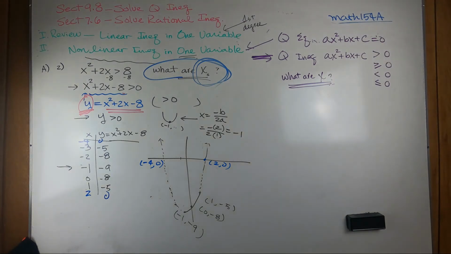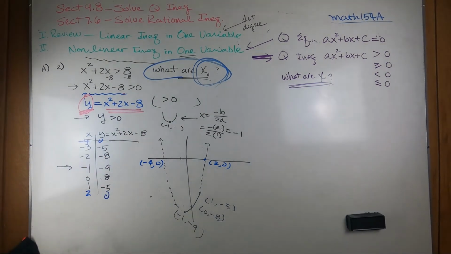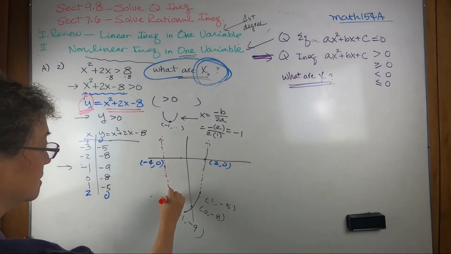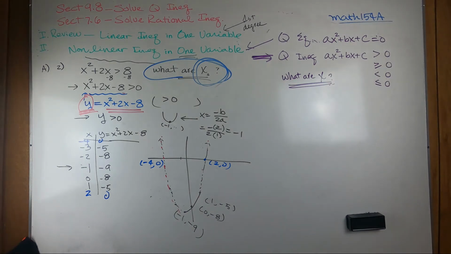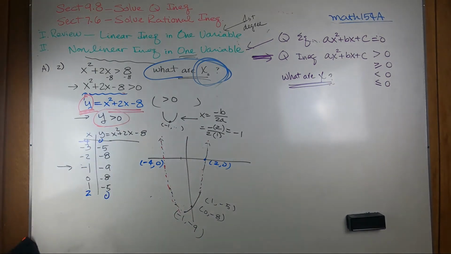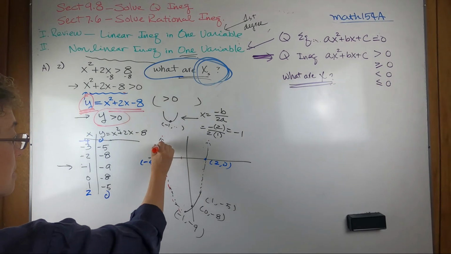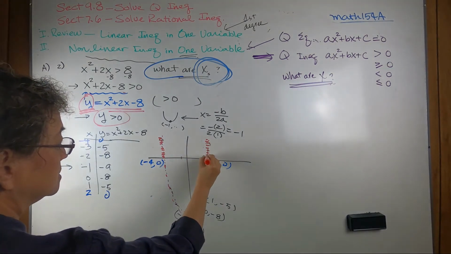All right? So if you look at the graph, what's your y? Up and down is your y, right? Then we want to find where the y value is bigger than 0. That means the y value is here.